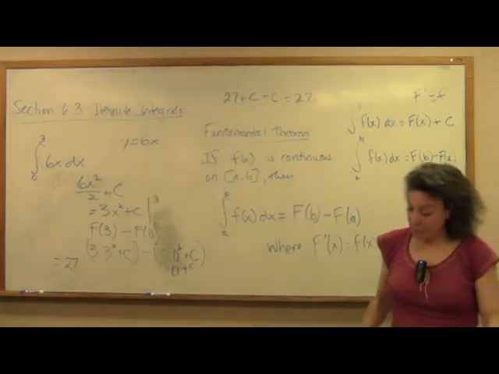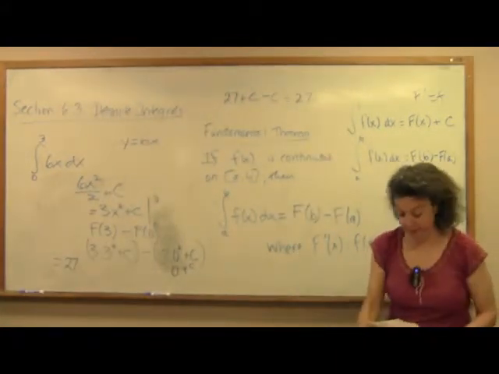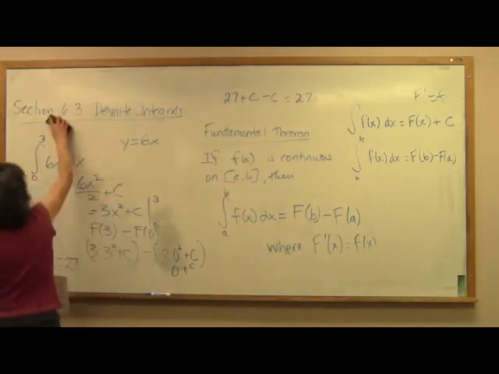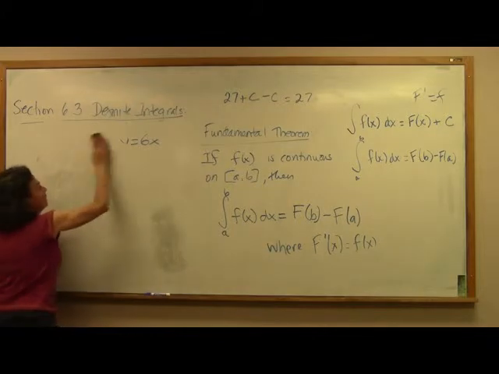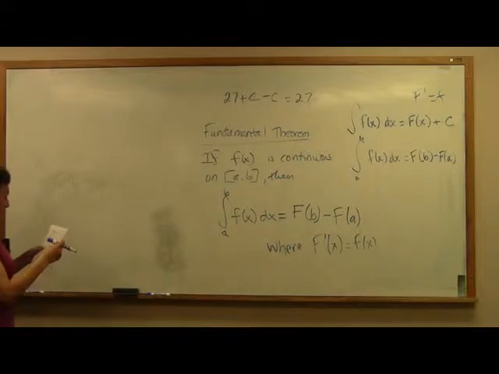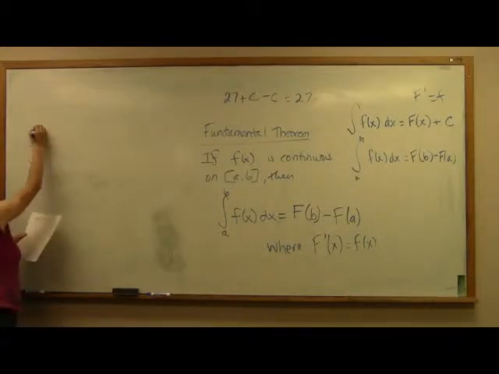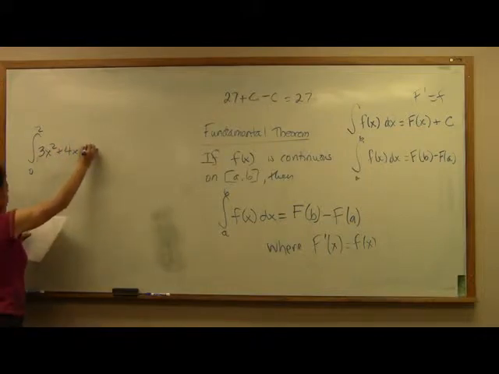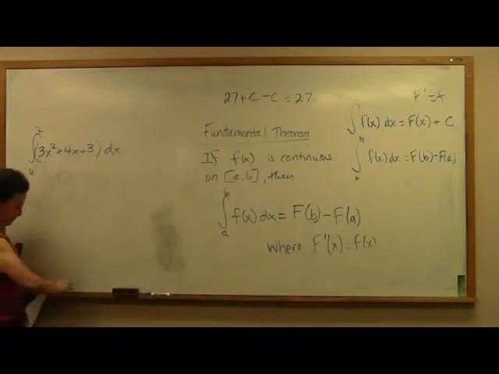Okay? So what I would like to do now is work through some more examples. All right, so what if I want to compute the definite integral from 0 to 2 of 3x squared plus 4x plus 3 dx?